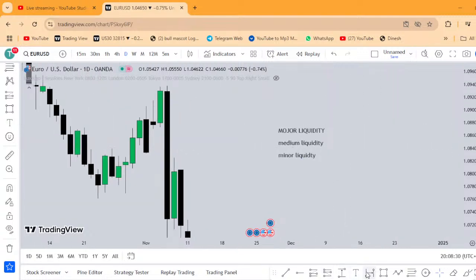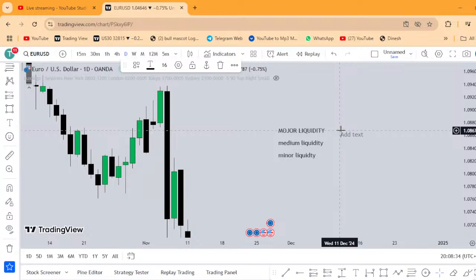The major liquidity comprises these particular time frames: the monthly, the weekly, and finally the daily. This is where institutions focus their orders, widely established by research.